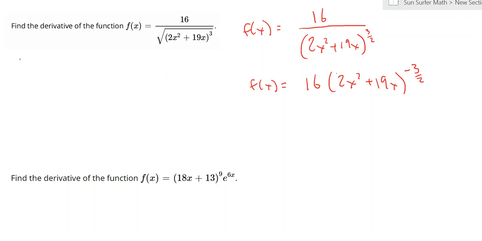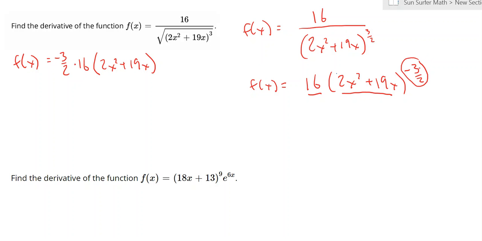So to find the derivative, we start by taking the power up here, the exponent, bringing it down, multiplying it by the 16 times this quantity, 2x squared plus 19x, all raised to the n minus 1 power.